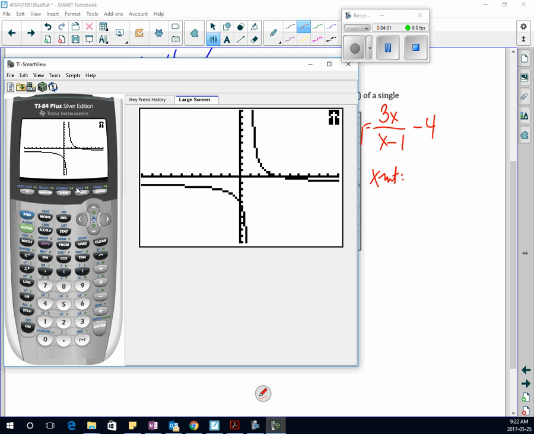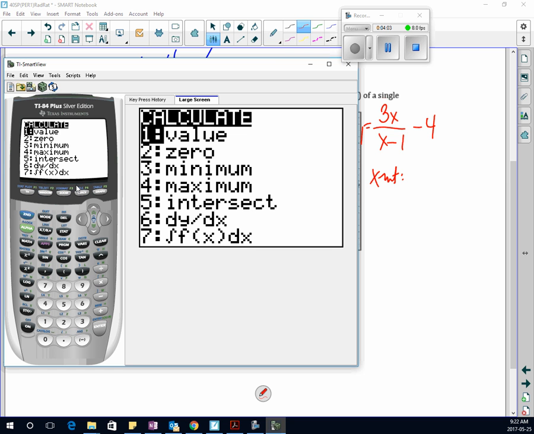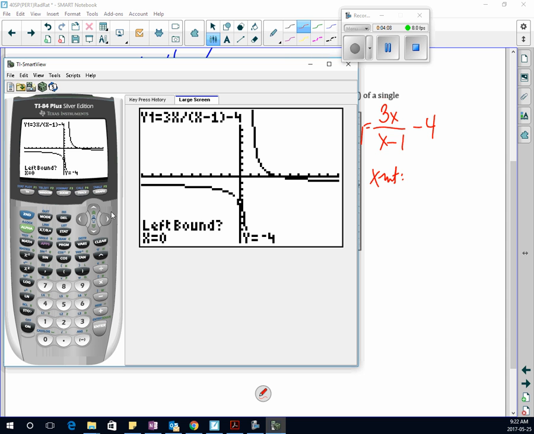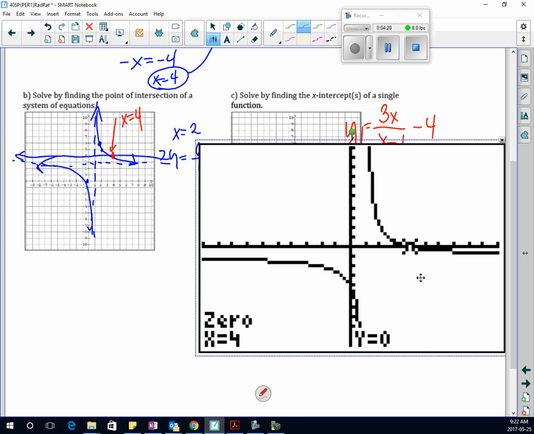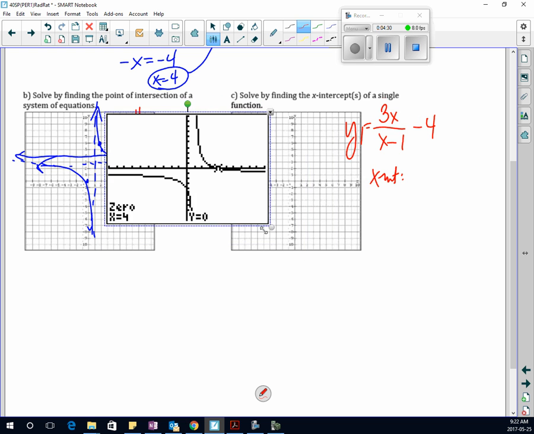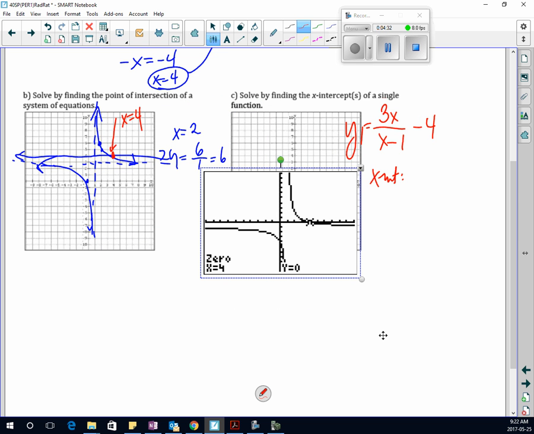So I'm going to go calculate, second function trace, and I'm going to select number 2, which is the 0. I need to skip on over to the other, there you go. You need to be on the left and the right of that 0 for it to work. Okay, and then just go enter, enter. Does everybody see that graphically it is at 4?